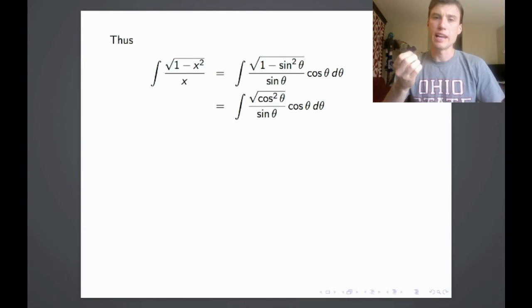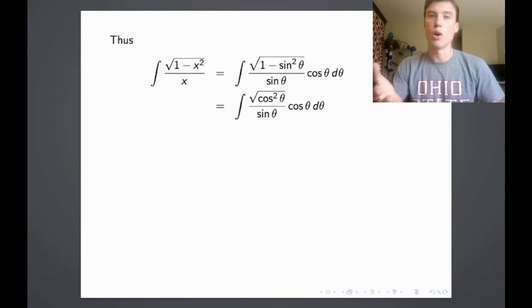Recall that we set x equal to sine theta. Now let's think about the values x can take for this particular function. We need 1 minus x squared to be a positive number. If x is larger than 1, then 1 minus x squared is a negative number.